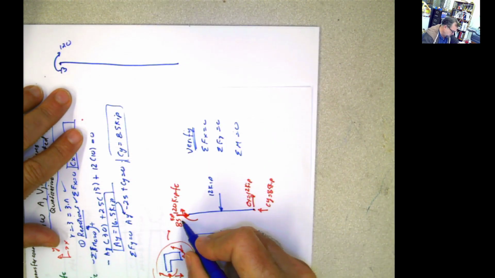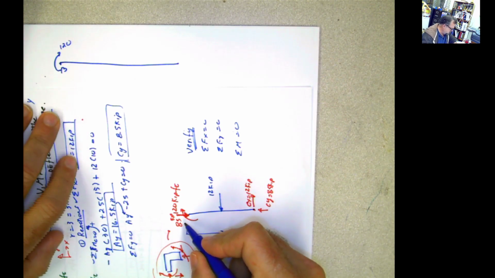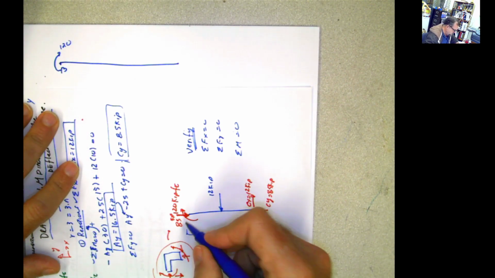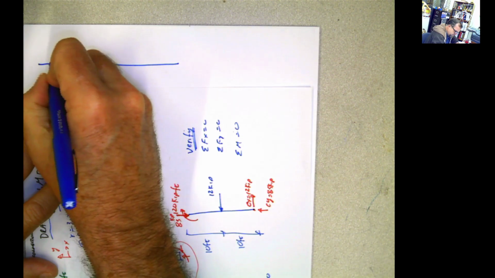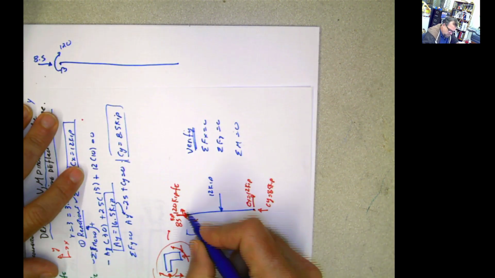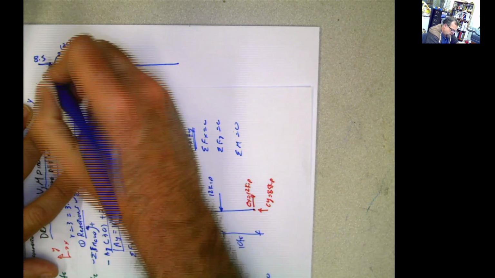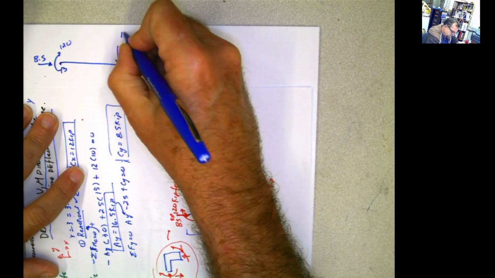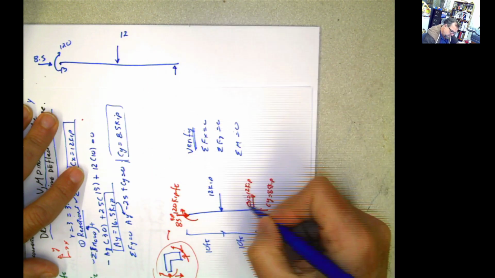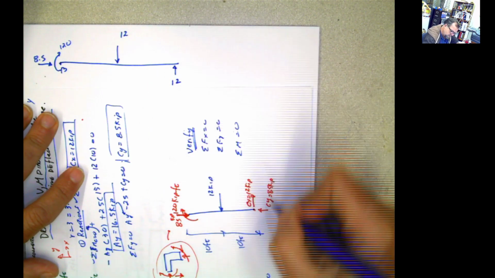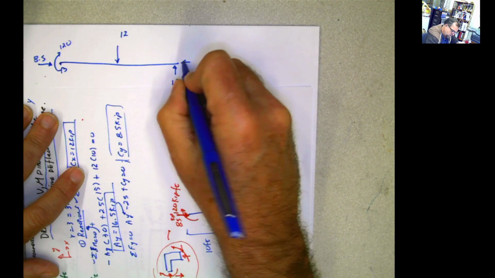You're going to put this one here, which is 8.5. There is not any other force here in the local vertical direction. Now you have this 12 kip, and then you have this force CX of 12, and then you have this force CY of 8.5.